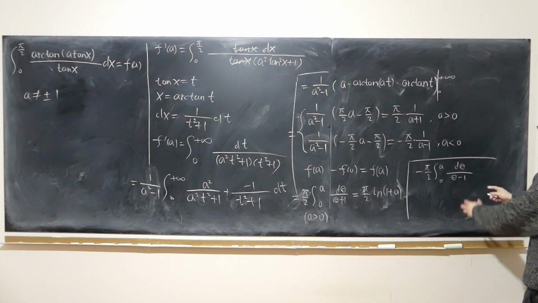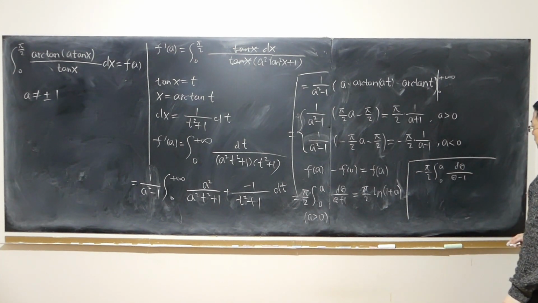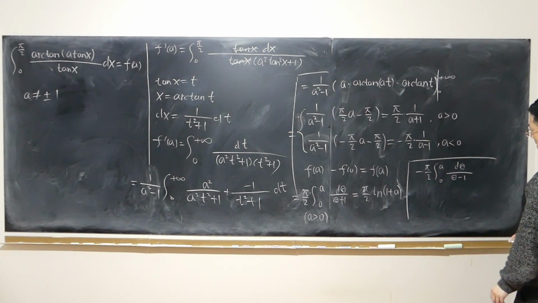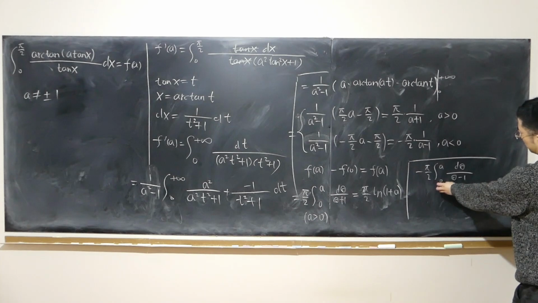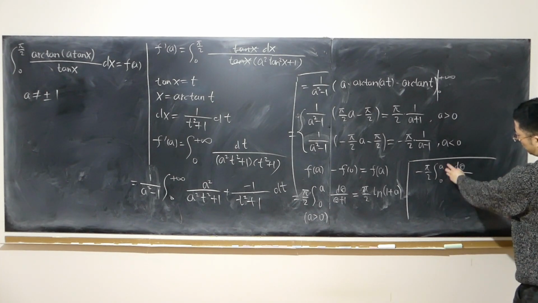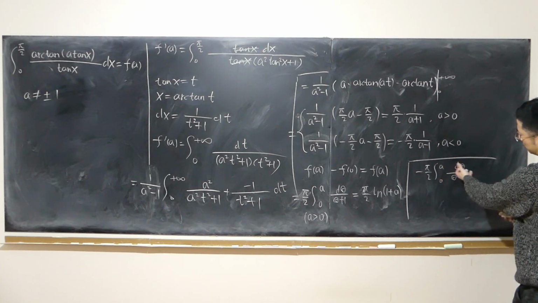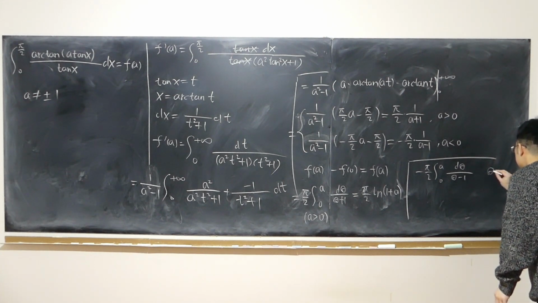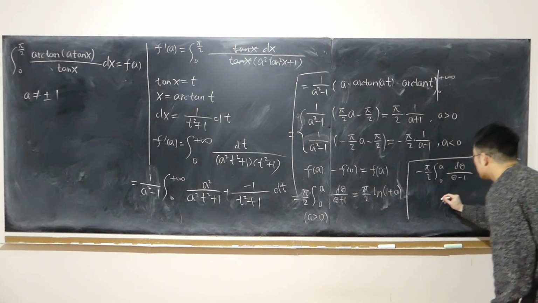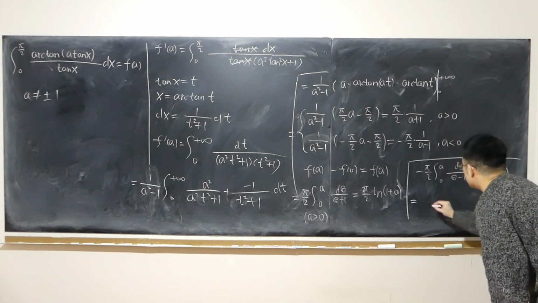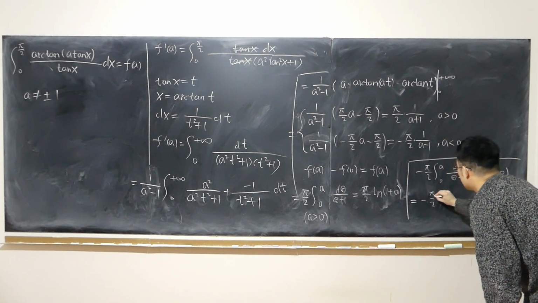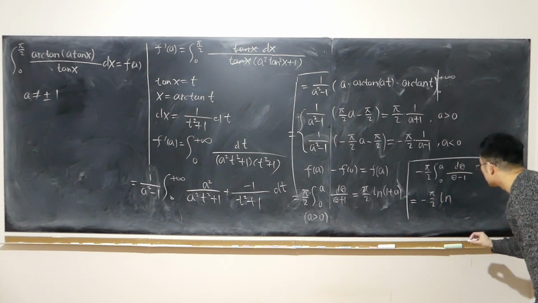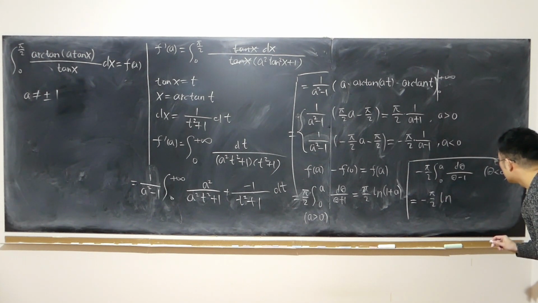This time theta is negative, and also a is negative, integrating from 0 to the negative upper bound. That is equal to negative half pi log, and this time I'm going to use the absolute value.